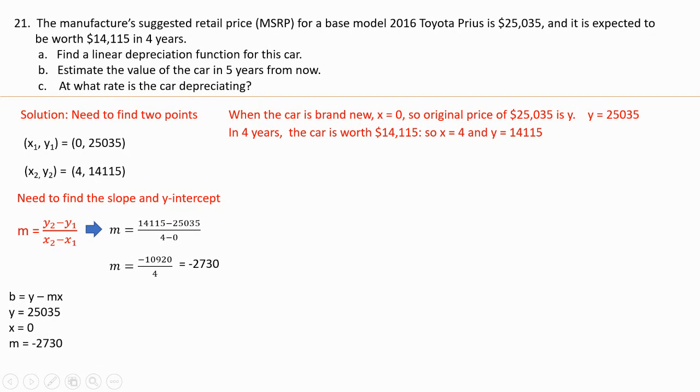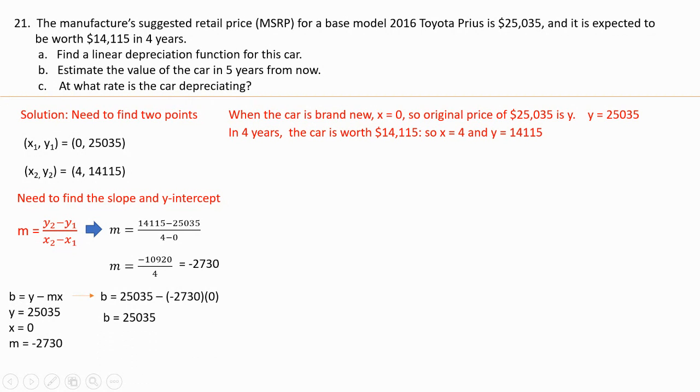Now I'm going to use b equals y minus mx. Okay, I'm going to use the first point. My y is 25,035. My x is 0. And my m, we just found it, which is negative 2,730. So plug it into the formula. So we're going to get 25,035, because negative 2,730 times 0 will give us 0 on the right side.